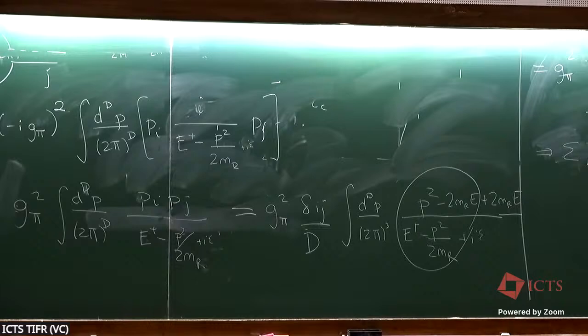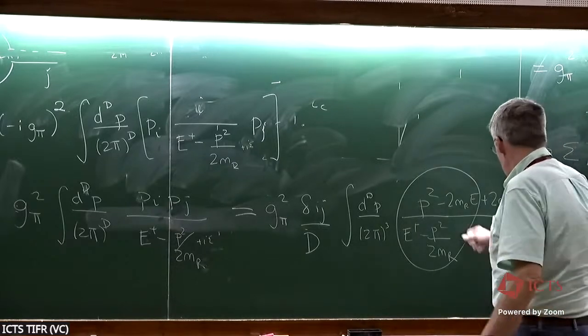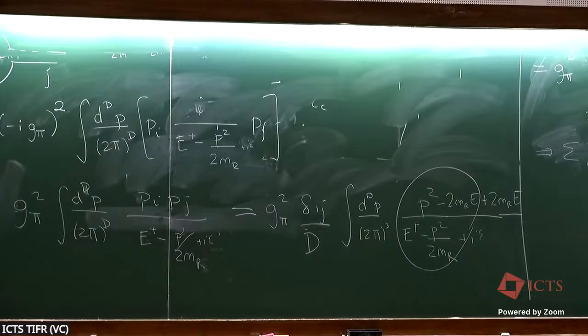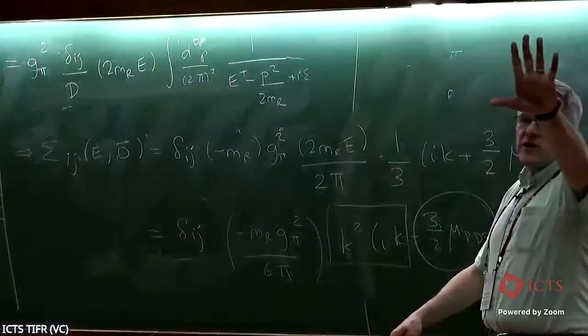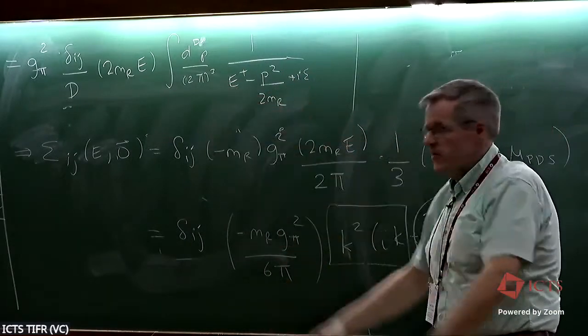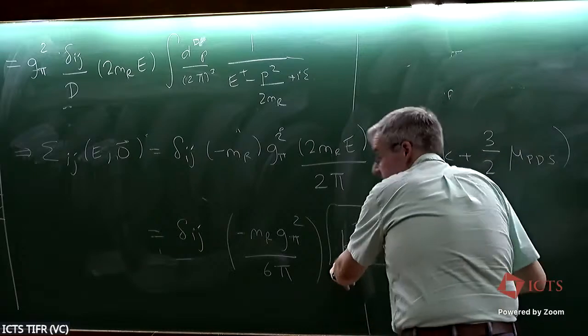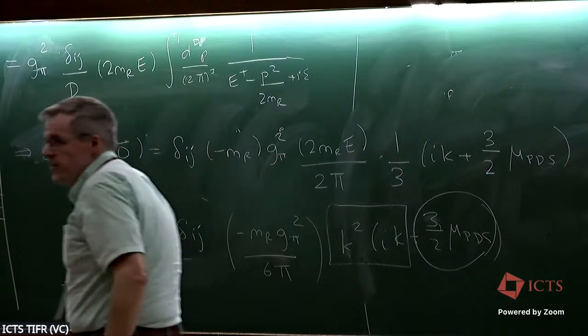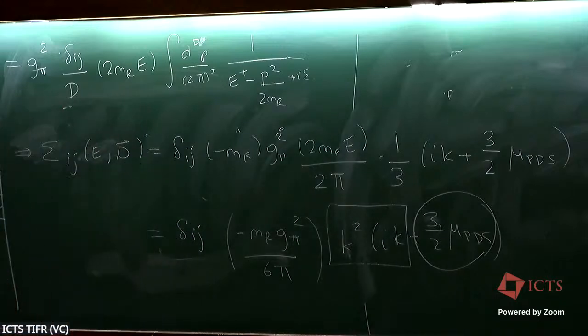What's happened here is that when we did this, we threw away the cubic divergence because we used dim reg with minimal subtraction, set it to 0. But if you have a cubic divergence, you're also going to have a linear divergence times a p squared, or in this case k squared. PDS has captured for us the linear divergence times k squared. And we need to renormalize both of them.